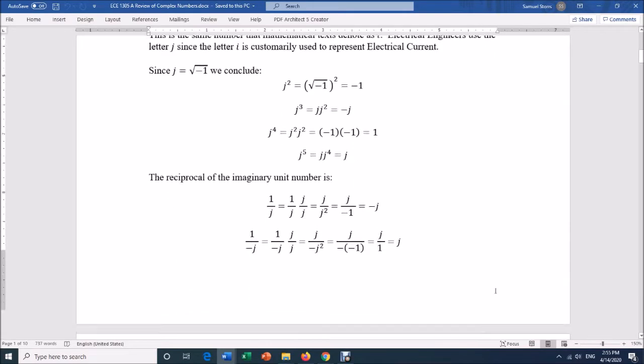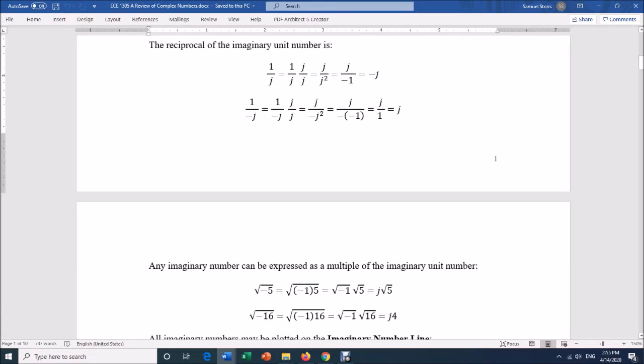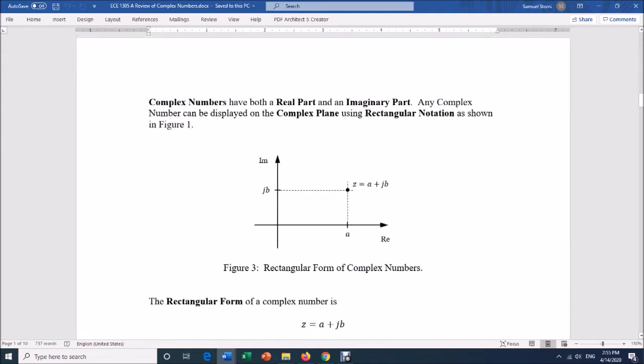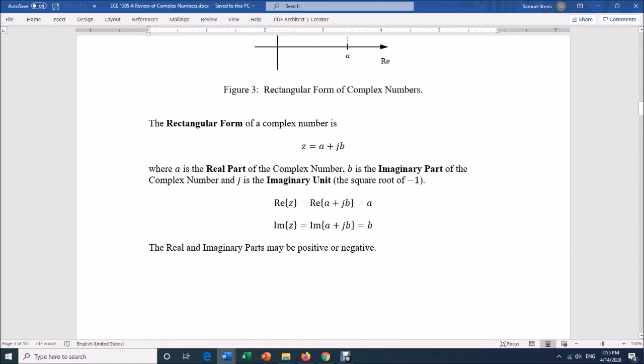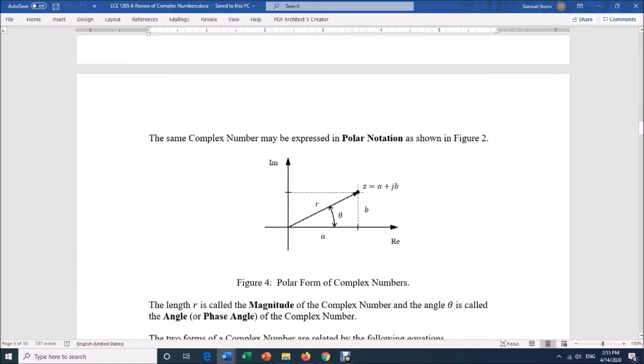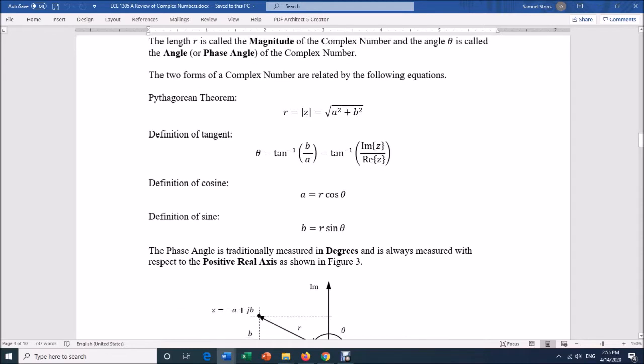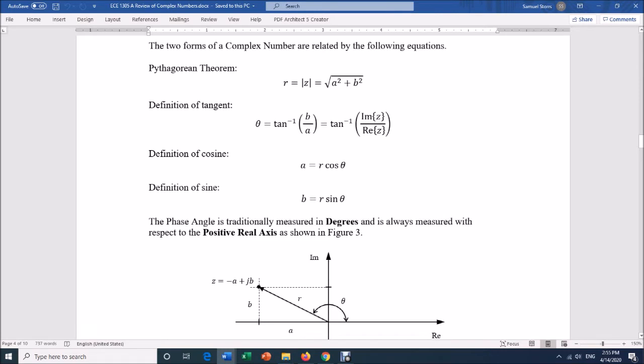The description of what a complex number is with its real and imaginary part, and then an equation to determine the real part, the magnitude of the complex number, which is essentially the Pythagorean theorem, and also the angle of the complex number.